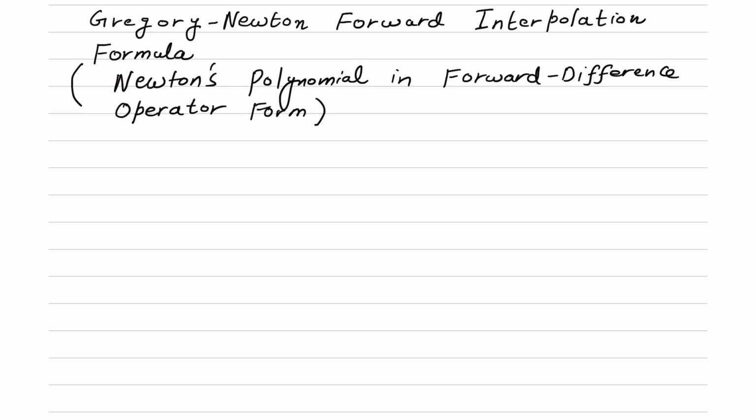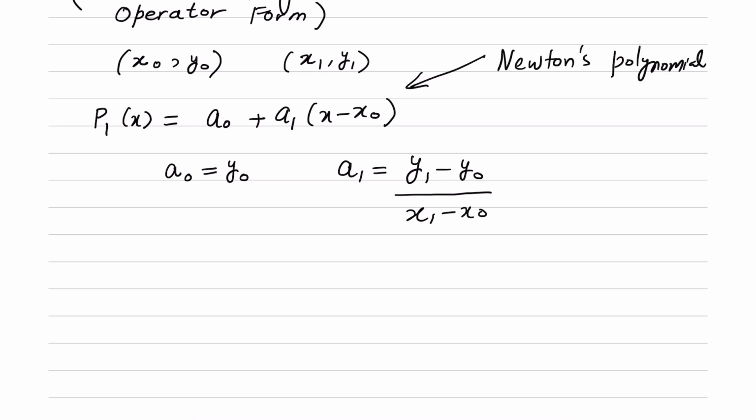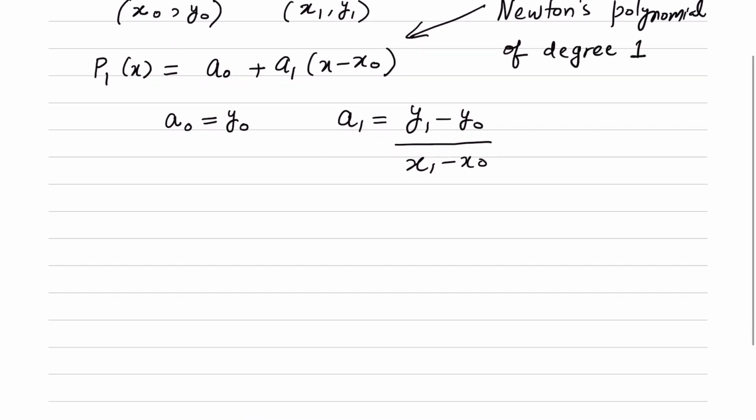And you saw in previous videos that a0 was y0 and a1 was y1 minus y0 over x1 minus x0. So this is just Newton's polynomial of degree 1. What we have to do is write this polynomial in forward difference operator form. The only change is to write a0 and a1 in forward difference operator form.